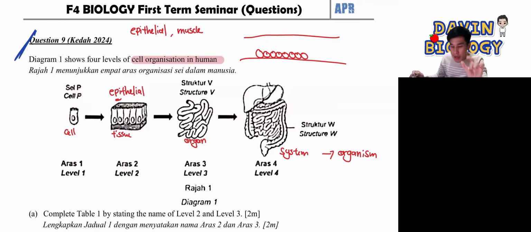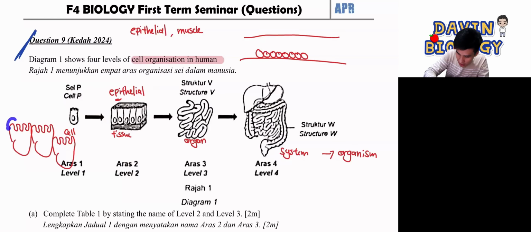Now, the epithelial tissue on your small intestine is a bit unique. It looks something like this. The surface is like that, so there's a lot of it like that. These tiny projections are called the microvilli.